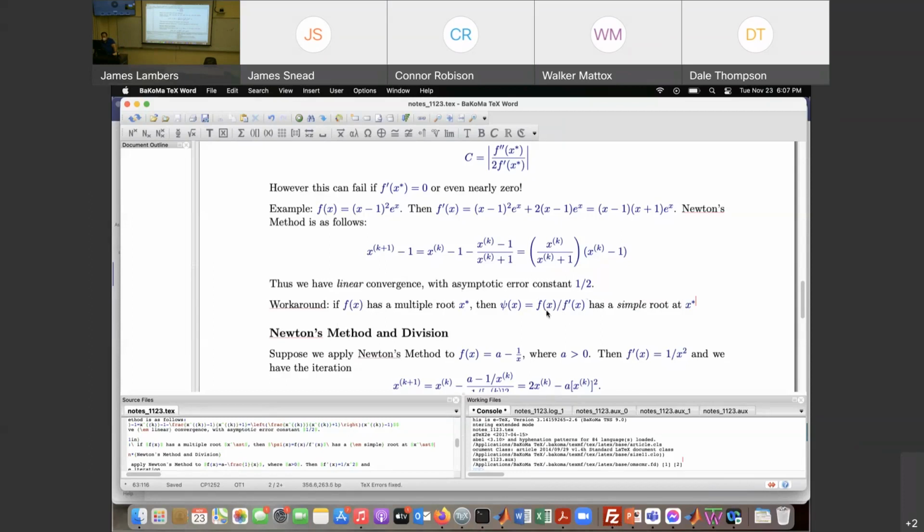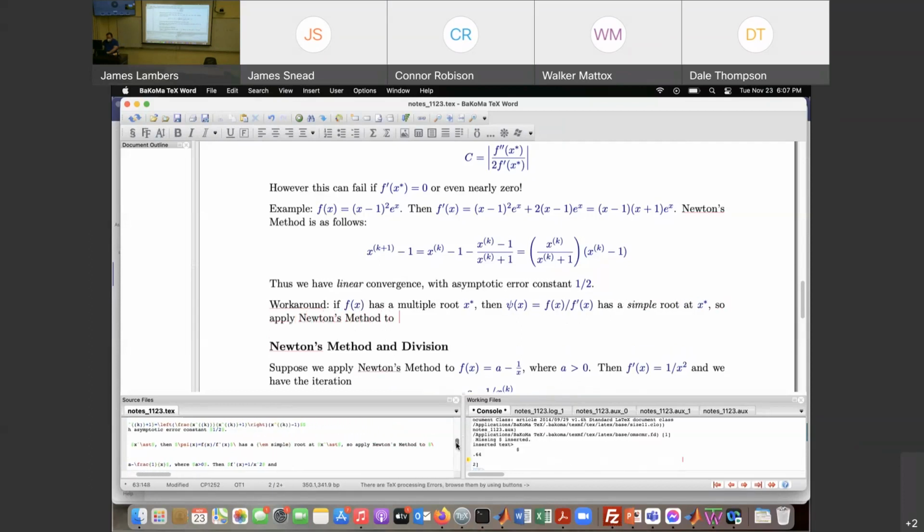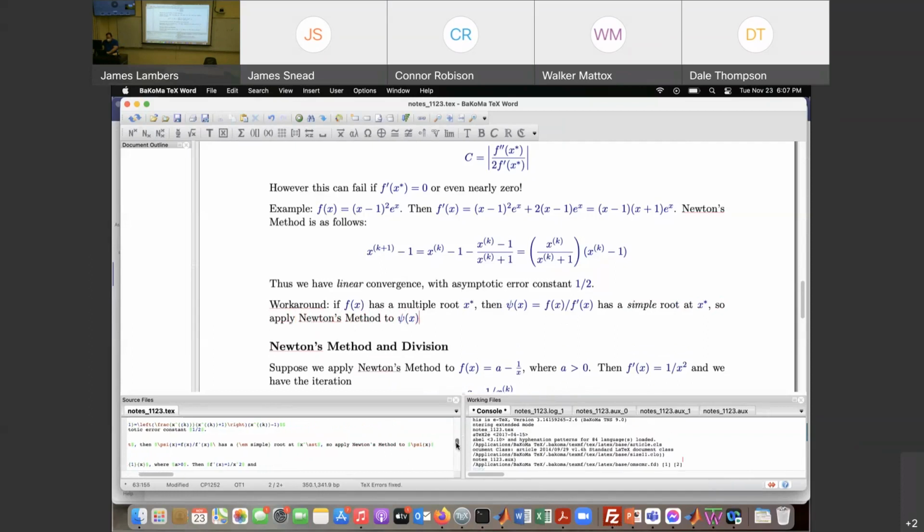So then this quotient would have a factor of just x minus x star to the first power. So apply Newton's method to psi of x instead, to obtain quadratic convergence.